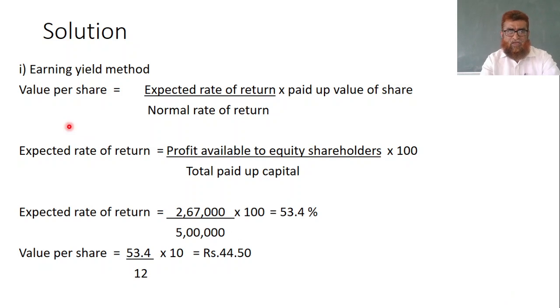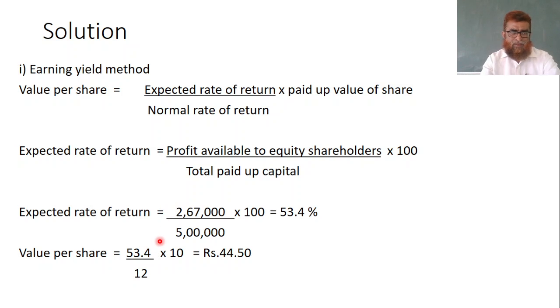Now we will follow the same method. First, value per share is equal to expected rate of return into paid up value divided by normal rate of return. We follow the earning yield method. So expected rate of return, this is the formula: profit available to equity shareholders divided by total paid up capital into 100. Profit available as we have calculated just now is 2,67,000.